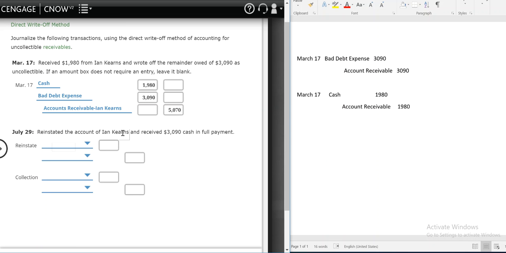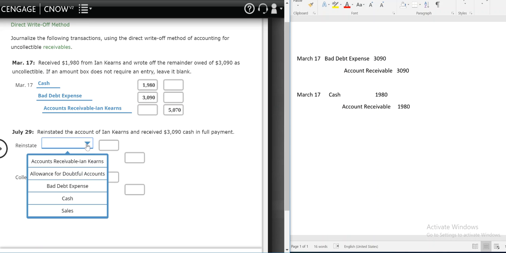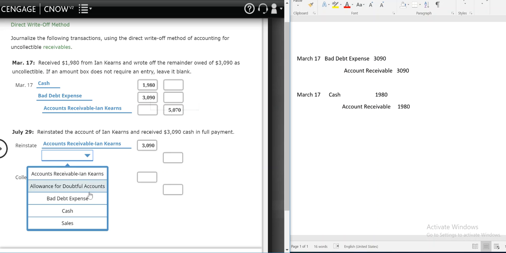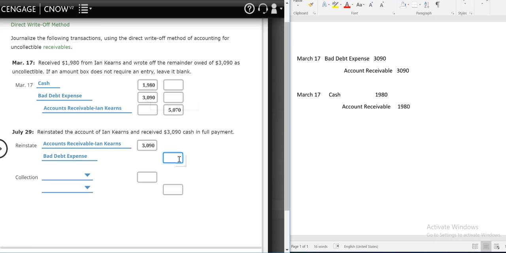But anyway, for homework, they're telling you that the amount you had written off, somehow Ian pays you back. So here we need to reinstate, or reverse, and put it back on the receivable. We're going to debit accounts receivable 3,090, and remove the bad debt expense, because it's almost like we did not incur a bad debt expense, since Ian finally paid.